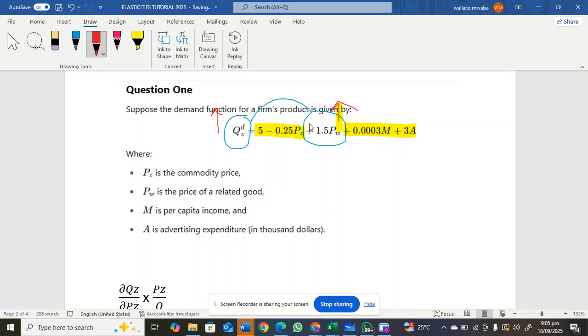This plus sign illustrates a positive relationship, meaning when one variable goes up, the other variable goes up.